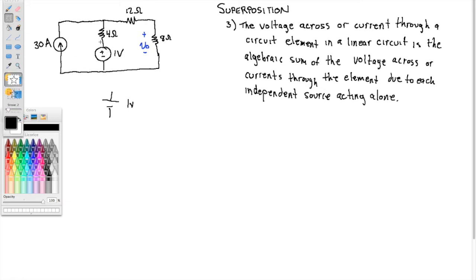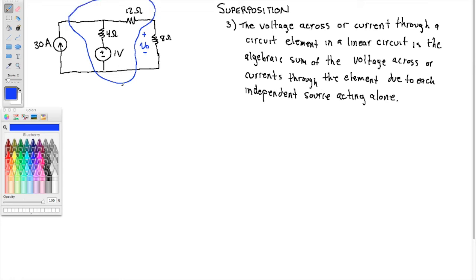So we write them in this fashion, and I had a little mind slip there and I wrote it like this. Alright, but we had looked at this circuit and we said that this circuit was nonlinear due to the 1 volt source.